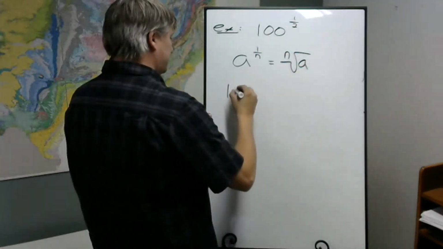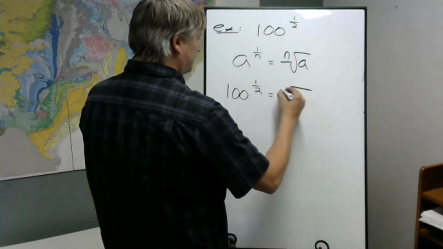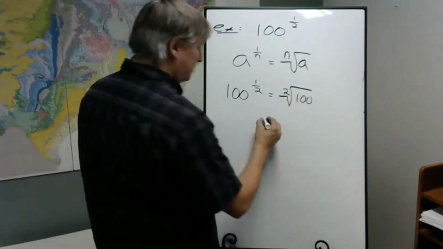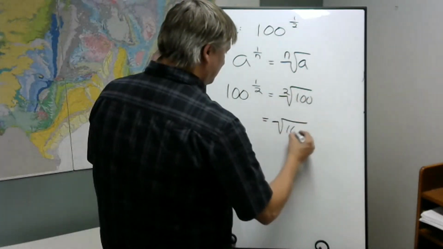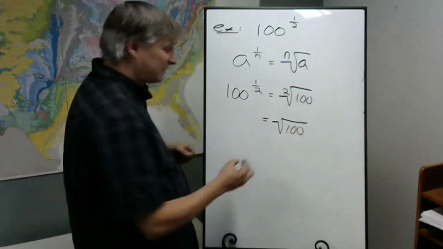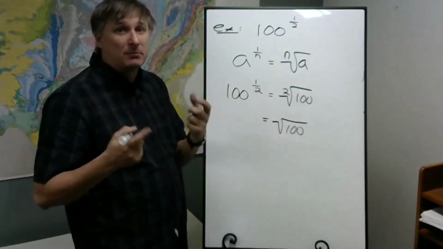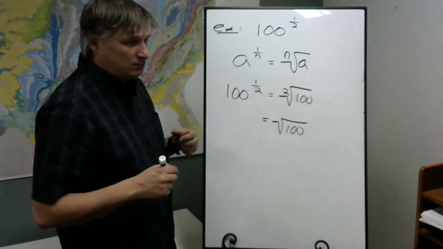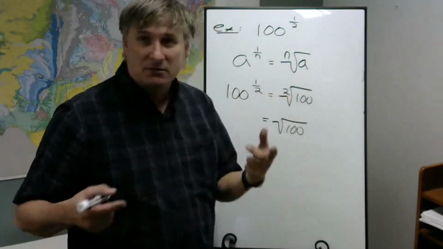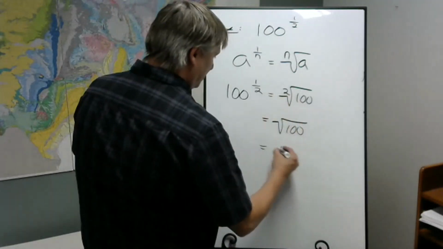So this means 100 to the 1 over 2 is the second root of 100. And as we've seen before, that's just the square root of 100. Square root is just with that number not written, but it means the same thing. Two of the same number multiplied together to give us 100. Well, 10, because 10 times 10, there's two 10s. They give you 100. So that means our answer is 10.